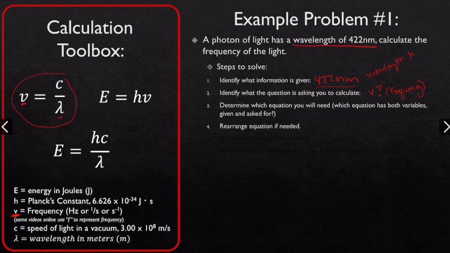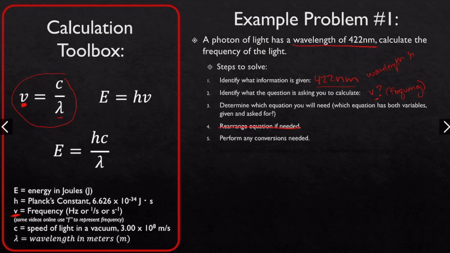And the next step says rearrange the equation if needed. So I'm being asked to calculate frequency. That's my question mark. And since frequency is already by itself on one side of the equation, I'm not going to need to rearrange anything here. So no rearrangement needed. And then I need to see if I need to perform any conversions.